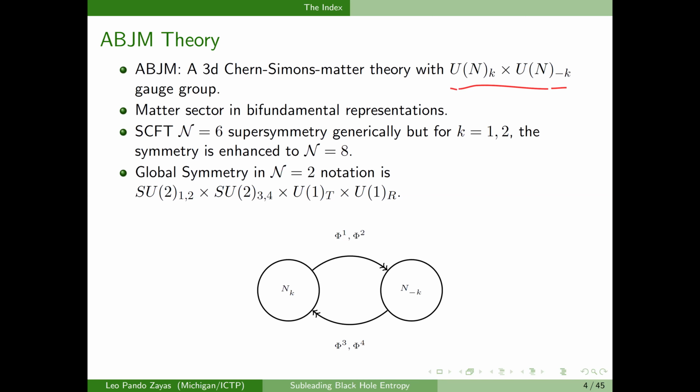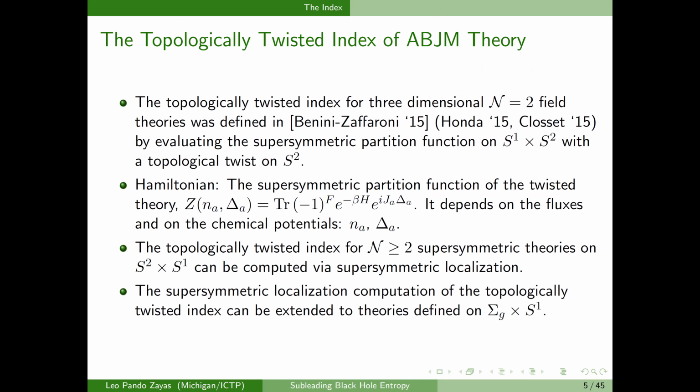And one way to really pack the information is in this quiver diagram, and you can see the global symmetries that I represented here. This is, of course, N equals 2 notation. So the topologically twisted index of ABJM was formulated by Benini and Zaffaroni in general for any N equals 2 field theory, and also discussed by Honda and Closset and collaborators in 2015.